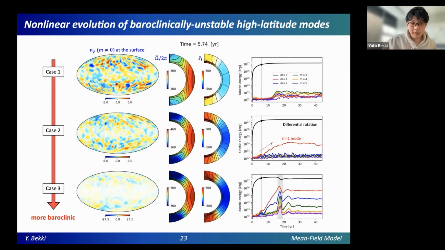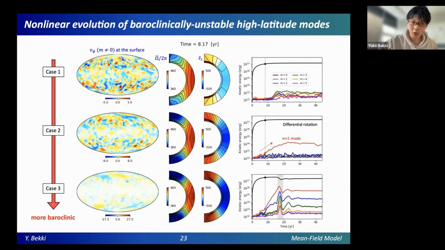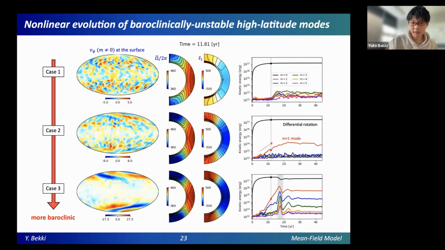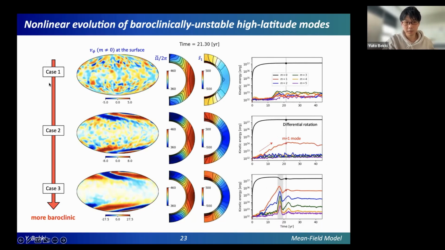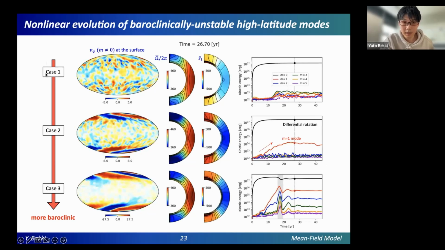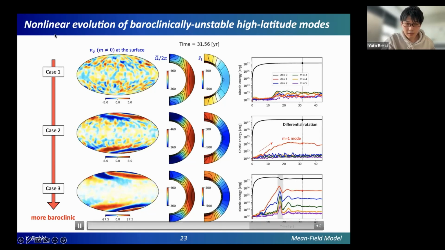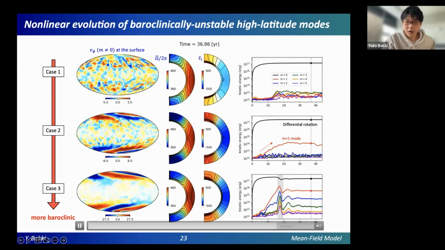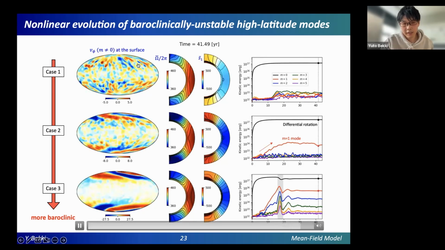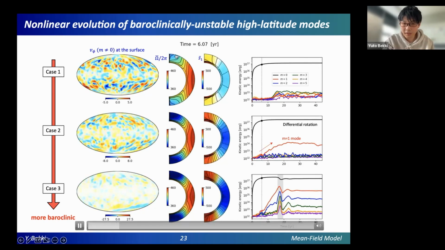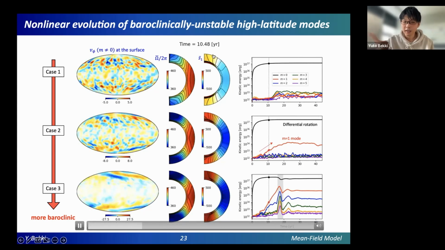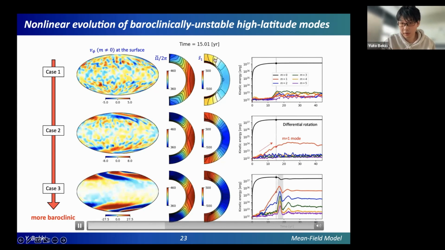All right, so this movie shows the temporal evolution of the system from case 1 to case 3, from top to bottom. On the left, I show the non-axisymmetric component of the longitudinal velocity at the surface. In the middle, I show the differential rotation and zonally averaged entropy profile.